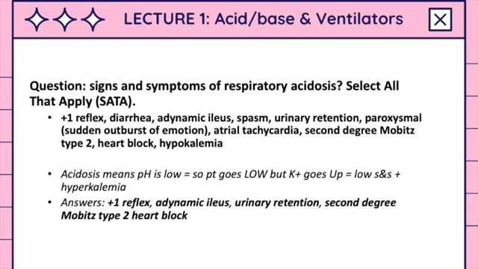Paroxysmal atrial tachycardia. Second degree Mobitz type 2 heart block. And hypokalemia.